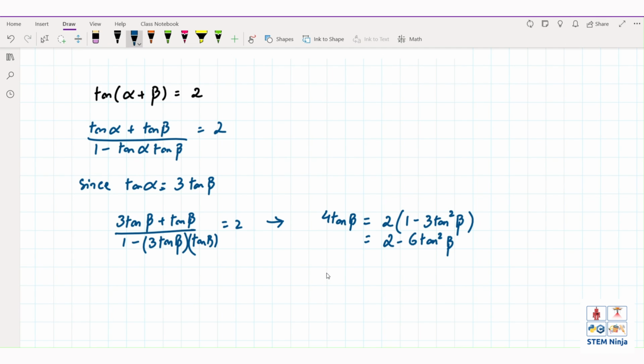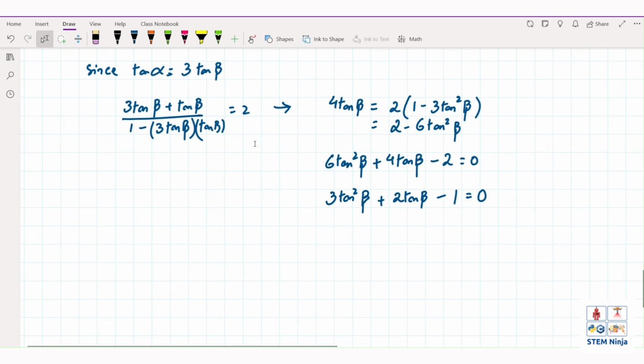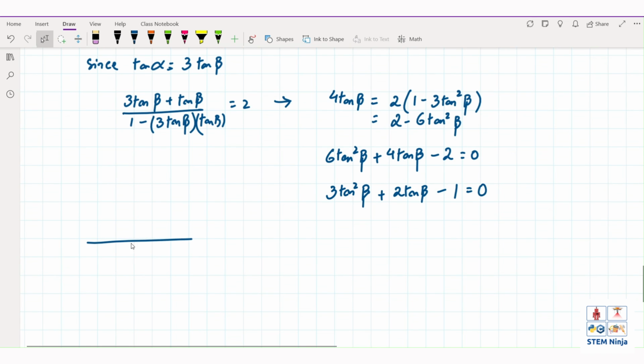Now we take everything on one side: 6 tan squared beta plus 4 tan beta minus 2 equal to 0. Since all the coefficients are divisible by 2, 3 tan squared beta plus 2 tan beta minus 1 equal to 0. Now let's see if we can factorize this.